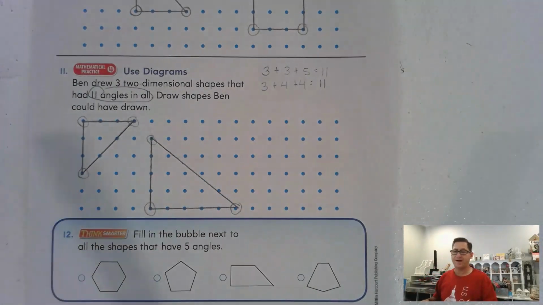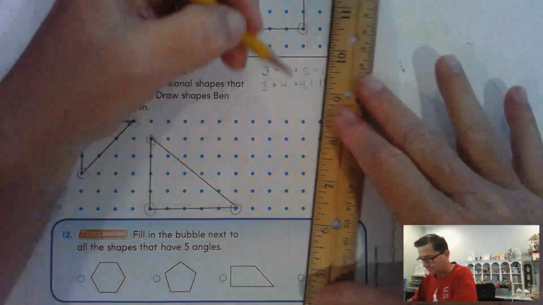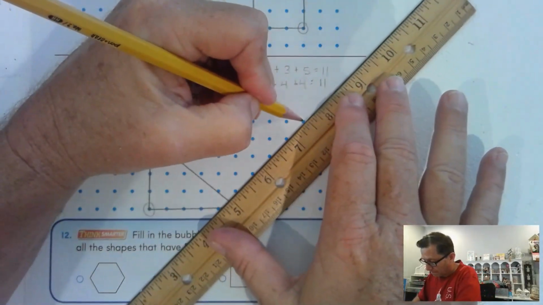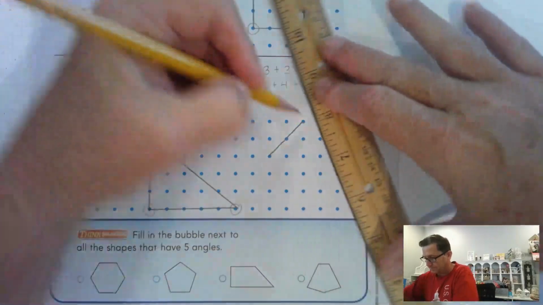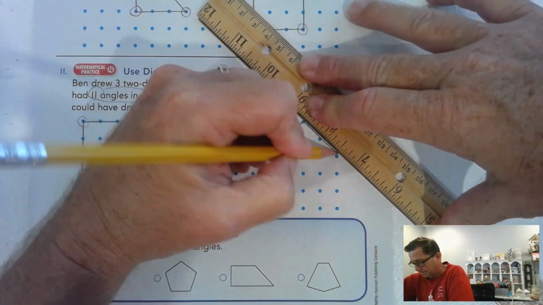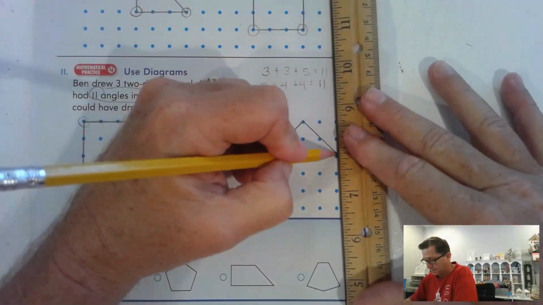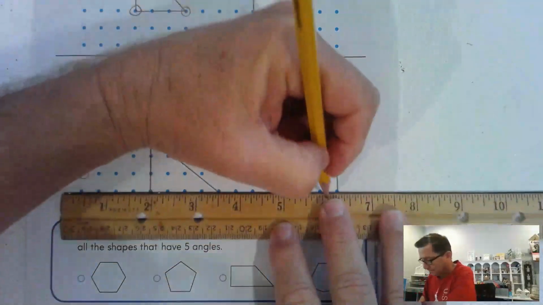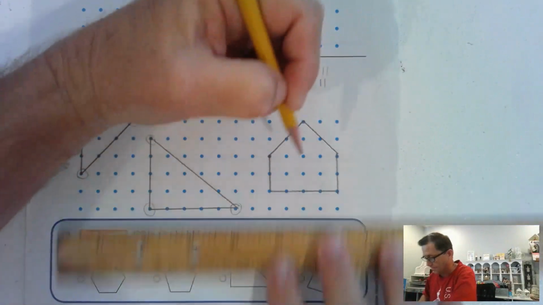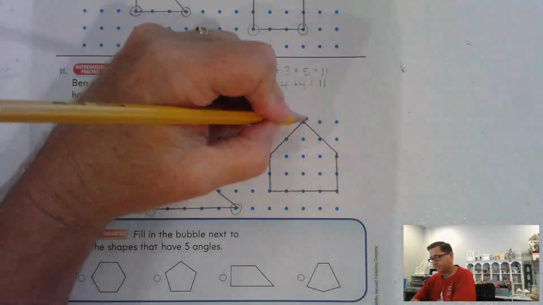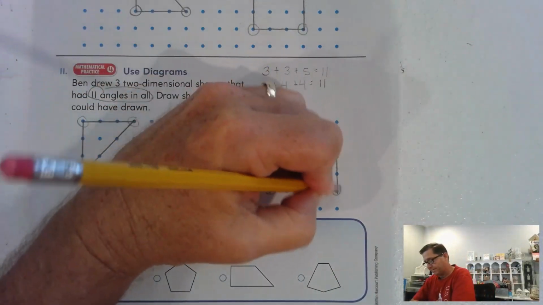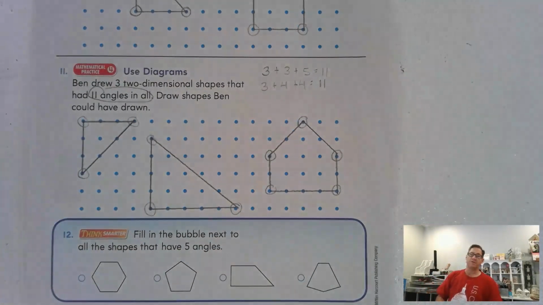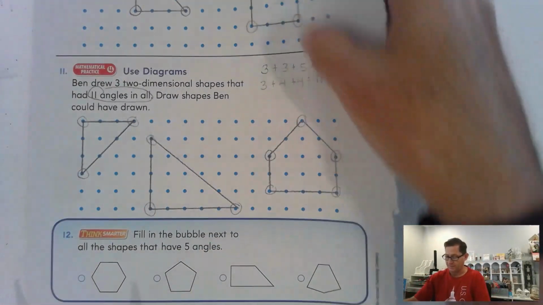And now I need a 5-sided figure. 1, 2, 3, 4, 5. Right? So we have 11 angles altogether.